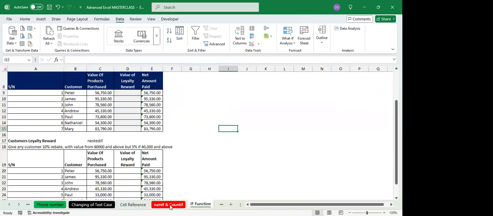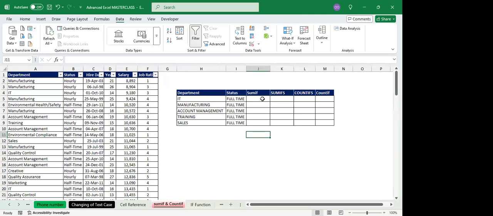So I return to the SUMIF function, right? Now I want to perform some operation with a criteria, and the criteria is that Excel should only pick the salary of the people in the IT department.